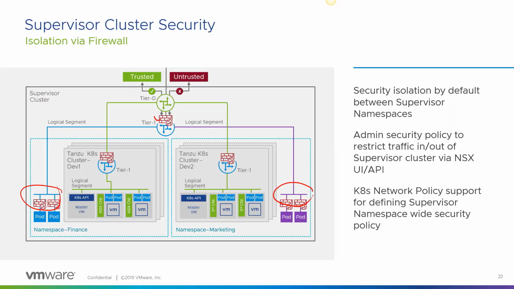And again, when you create a network policy for the pods, those are being realized in NSX in the form of distributed firewall rules. But take nothing away from this, understand that by default, there's going to be isolation between your namespaces, not just because they're on different segments, but also because there are rules in place to allow nothing from one namespace to talk to something else in another namespace.